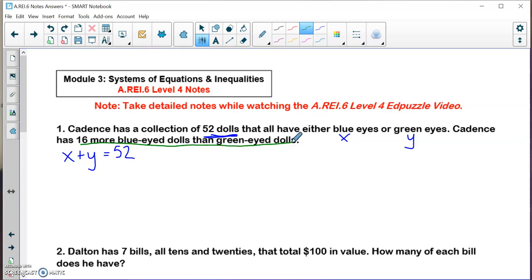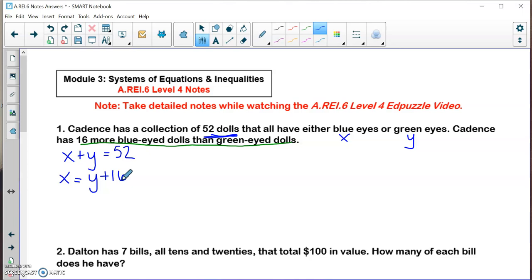So what that means is that the number of blue-eyed dolls would equal 16 more than the number of green-eyed dolls. So I would do the number of green-eyed dolls plus 16.